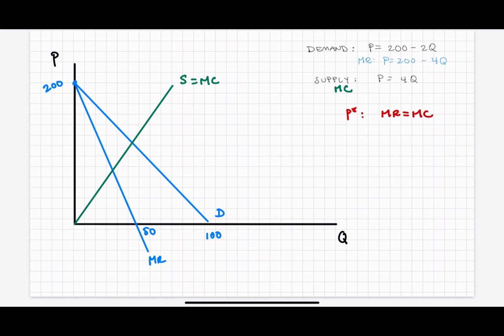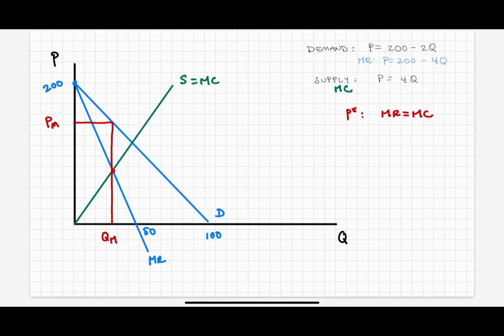So we can find where marginal revenue equals marginal cost. That occurs right here. We draw a line down, and that is the quantity the monopolist will produce. We draw that up to the demand equation and bring that across, and this is the price that the monopolist will charge.